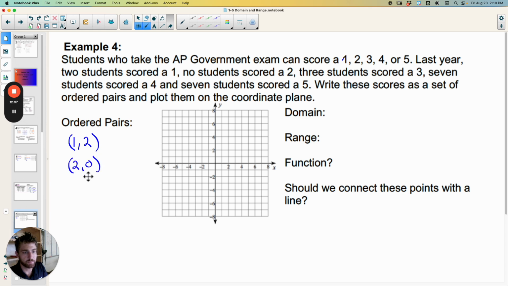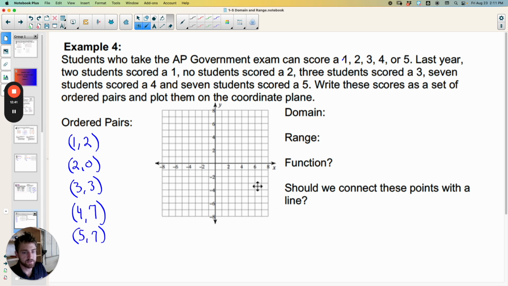So the independent variable being the score, and then the number of students being the dependent variable. We had 3 students score a 3, so that'll be 3, 3. 7 students scored a 4, so that'll be 4, 7. And then lastly, 7 students scored a 5, so that'll be 5, 7.